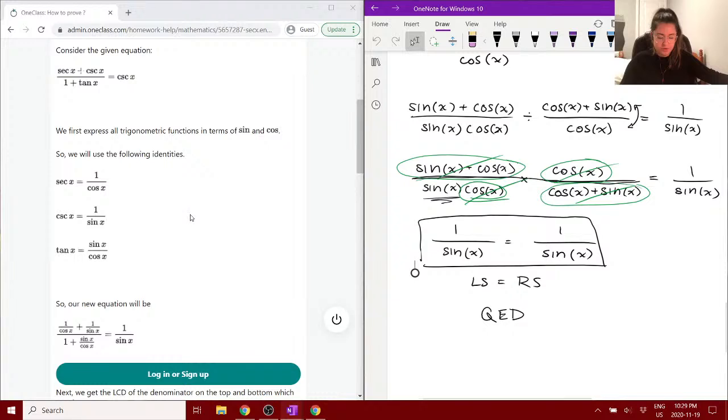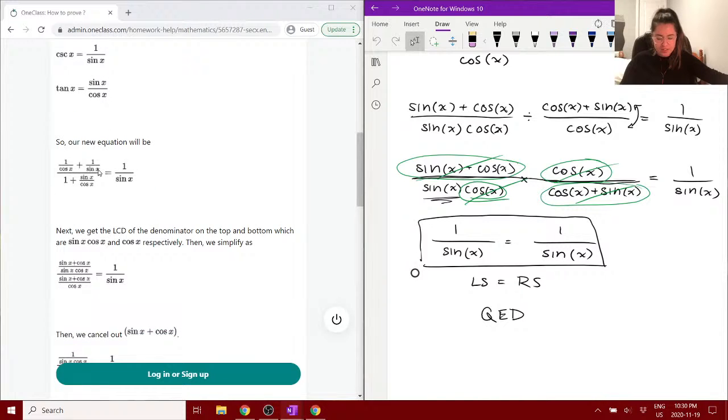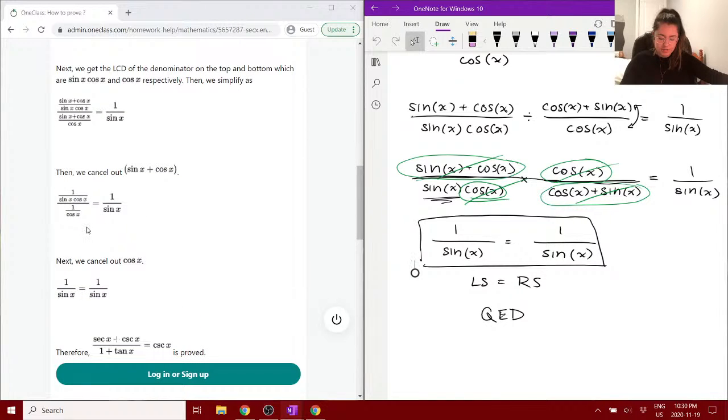Let's look through. So we're given the following identities. I think typically you would need to memorize these for class, but if they're given, even better. We have them here, and we start by converting everything into their trig identities of just sine and cosine, and then we can cancel out fractions.